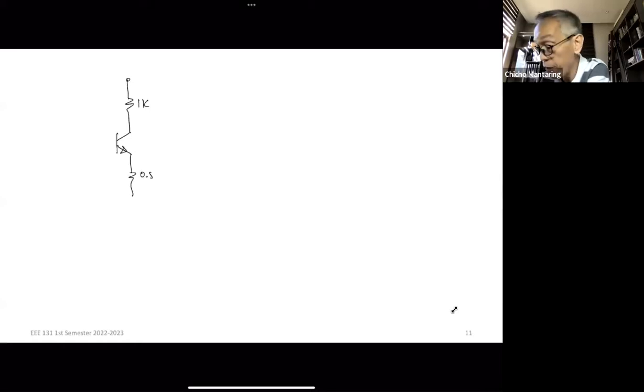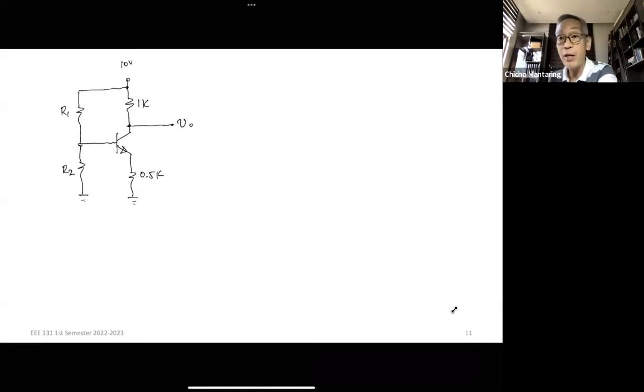This is 0.5K. My output is here, V sub O. This is 10 volts. Okay, this is R1. And this is R2.